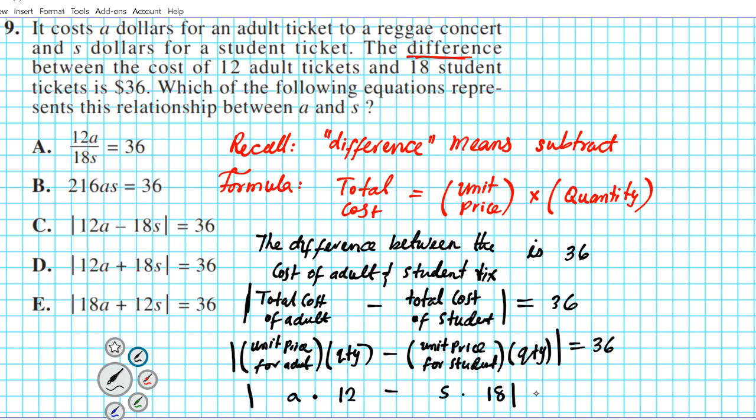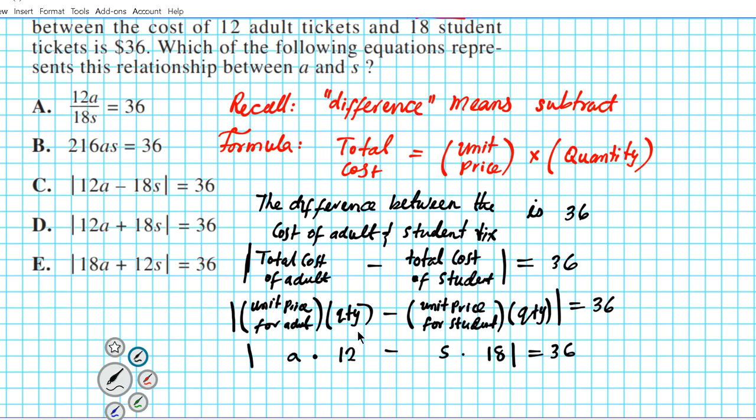This difference is equal to 36. Let's write our answer in standard notation, putting the coefficients first. So 12A minus 18S is equal to 36. So the answer is option letter C.